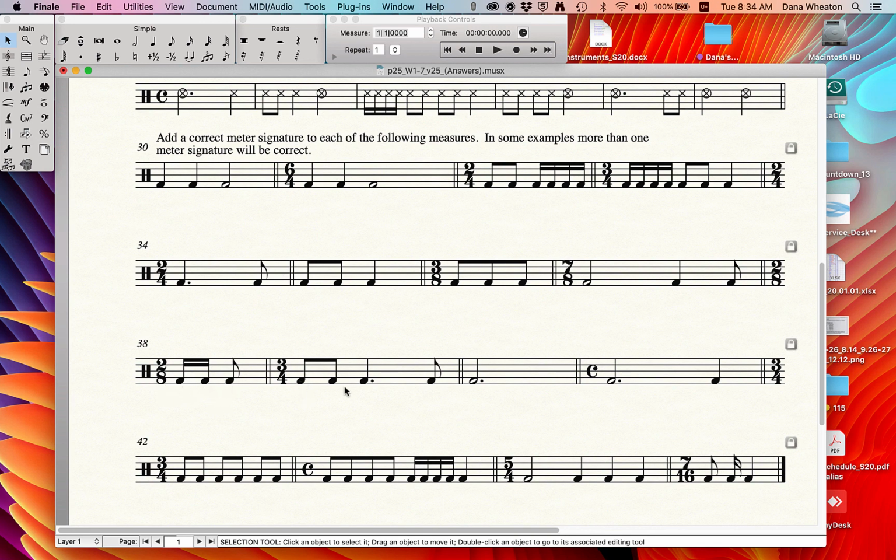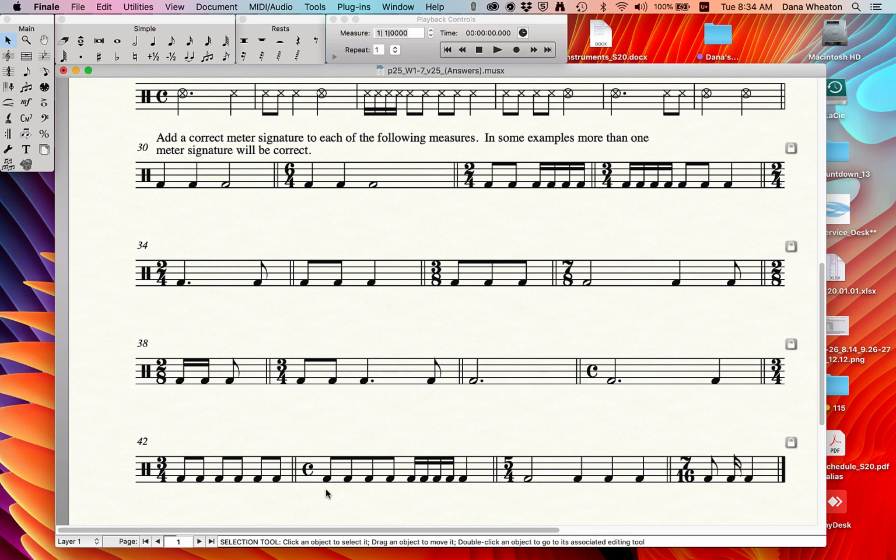This one has a beat in the 2 eighth notes, a beat and a half, and an eighth note. That's 3/4, but 6/8 is acceptable. Same here for this dotted half, 3/4 or 6/8. C stands for common time, 4/4, 3 beats in the dotted half, and then that makes beat 4. Here we've got 3 pairs of eighth notes. That's 3/4 or 6/8.